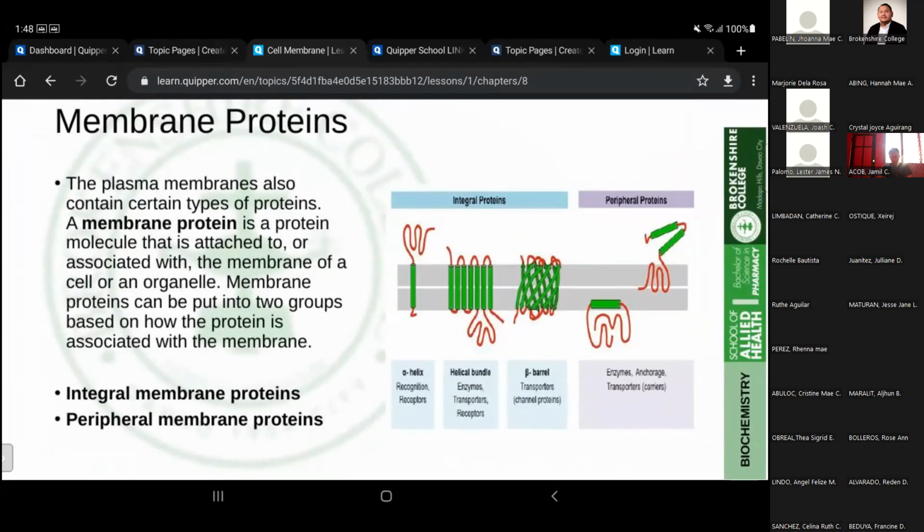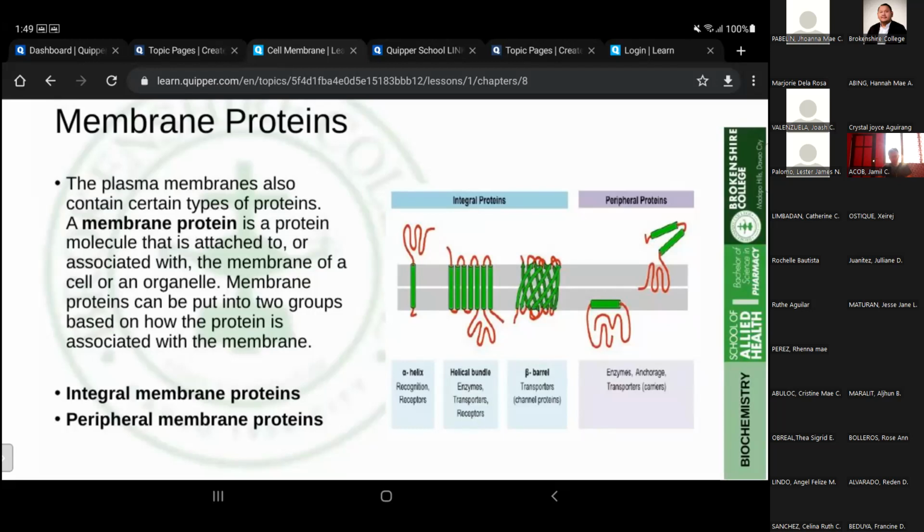Membrane proteins can be put into two groups based on how the protein is associated with the membrane. So it could be either a peripheral protein or an integral protein. When we simply describe an integral membrane protein, it is located within the plasma membrane.